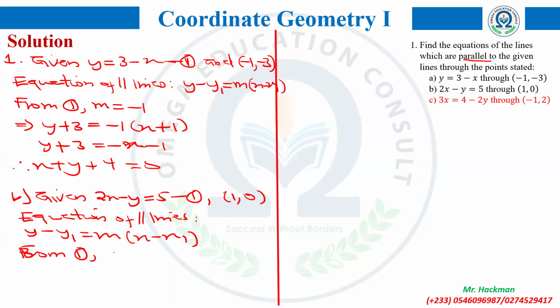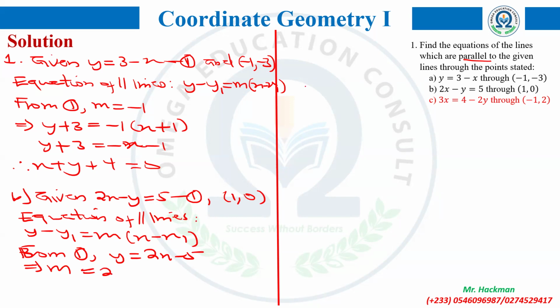Move this to the side: y is equal to 2x minus 5. So this implies that my m will be equal to 2.